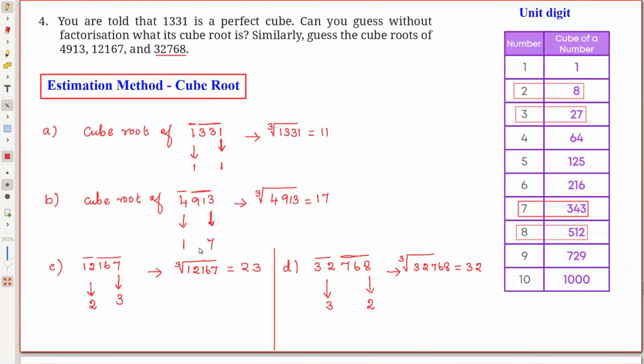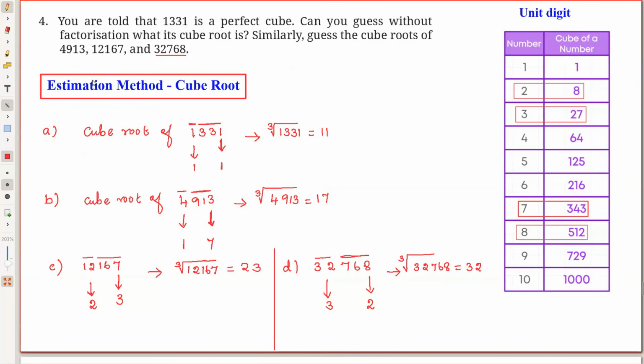Next, I have taught you how to find this out. Here it is given that 1331 is a perfect cube. Can you guess without factorization? Without prime factorization, how will you find out whether the given number is a perfect cube or not? Similarly, guess the cube root of 4,913, 12,167, 32,768.